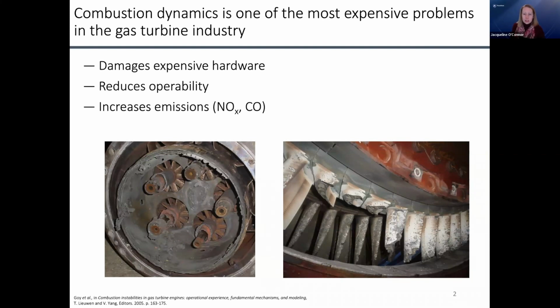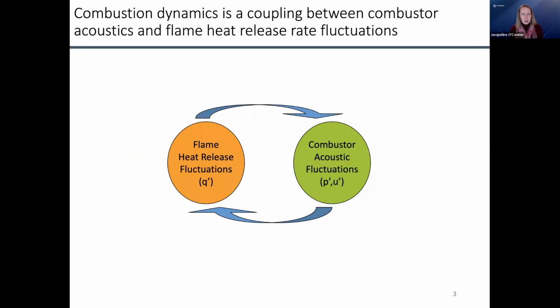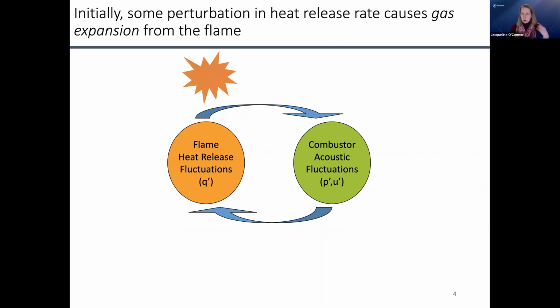All right, so let's get into a quick review about what drives thermoacoustic combustion instability. It's a self-excited feedback loop between flame heat release rate fluctuations and combustor acoustic fluctuations. So what's happening here? Let's say you have some perturbation to the flame and it causes an expansion.